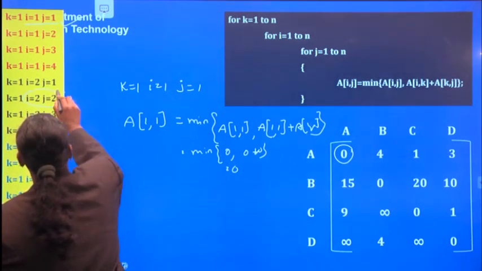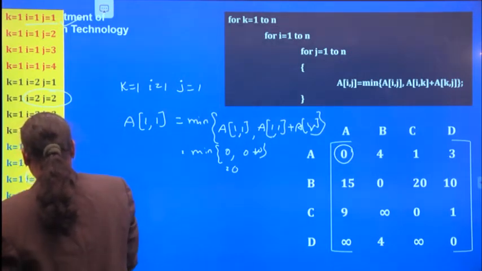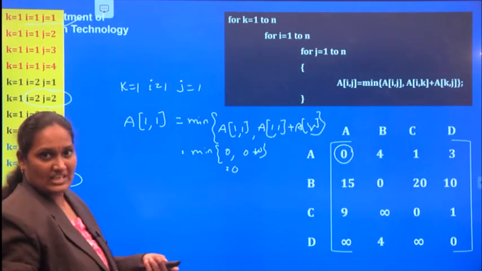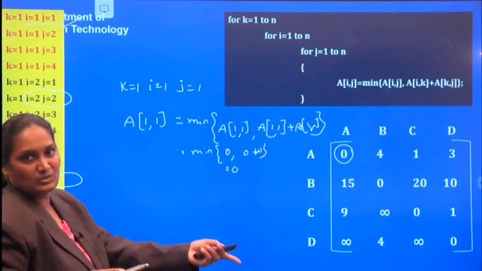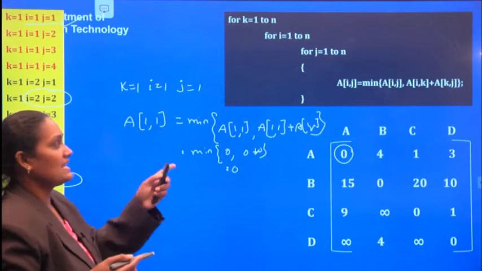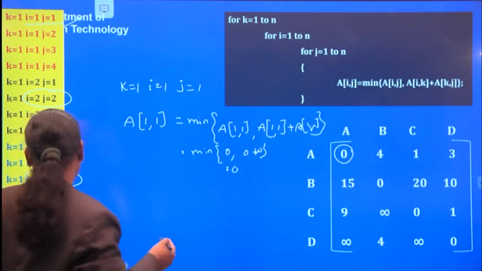In this case, the values cannot be changed since the cost of traveling from A to A, B to B, C to C, D to D is obviously 0. So even if we analyzed, we would get the same thing. That's why there is no need to analyze those things.